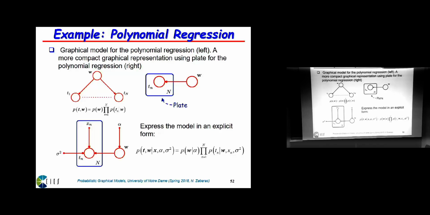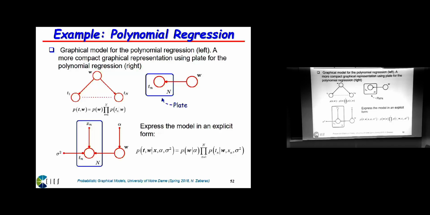And to make it interesting, and this is the type of regression problem we did last fall, you can put a prior on w that has hyperparameters on it, and we call those hyperparameters alpha, and if you also want to make these values of t_n noisy with some unknown noise sigma squared, then this is the very general description of a Bayesian regression model.